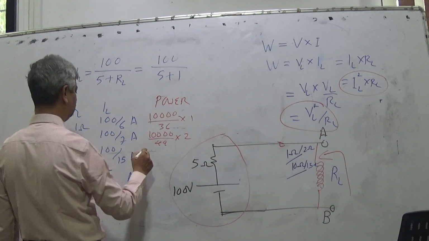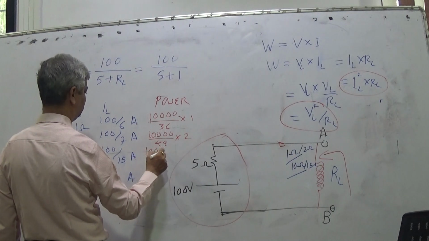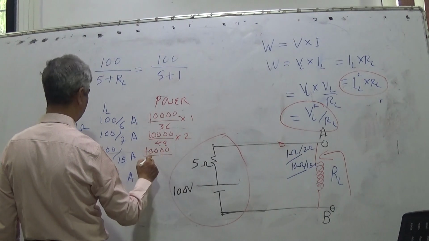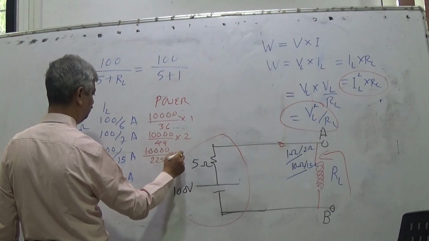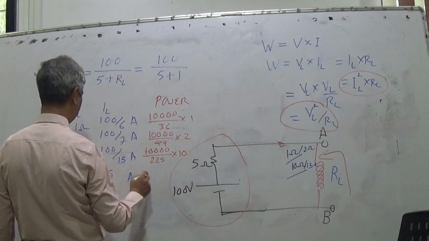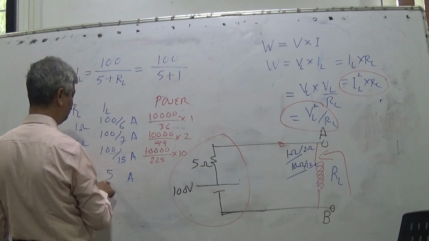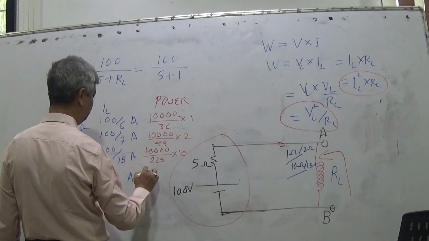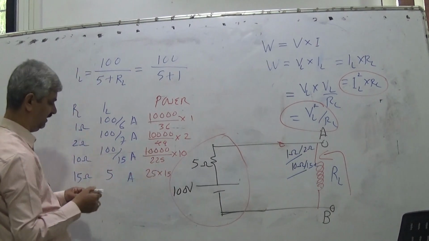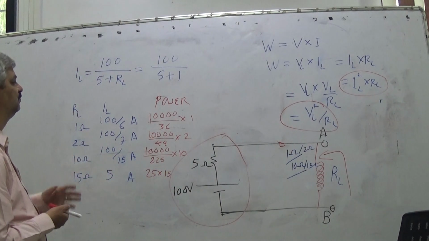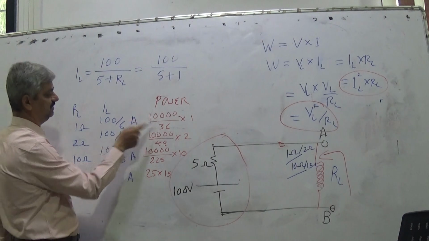Then in the next case, a simple calculation I am doing, 10,000 upon 225 into 10, and it is 5 square, 25 into 50. So it is 10,000 upon 36.